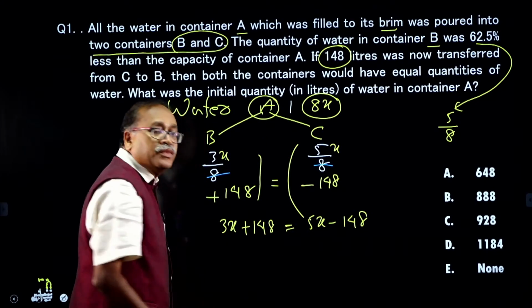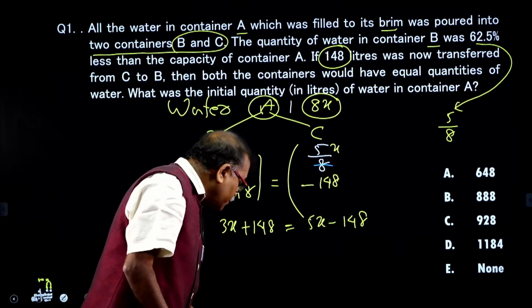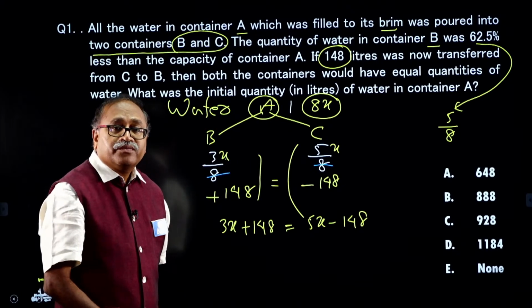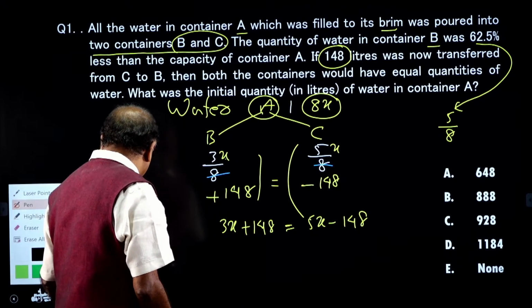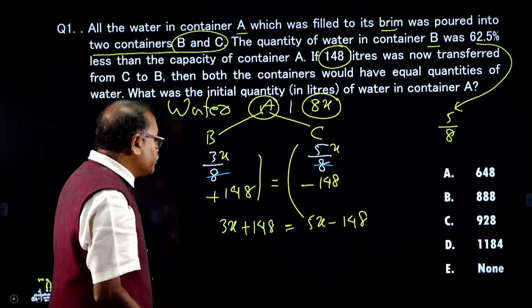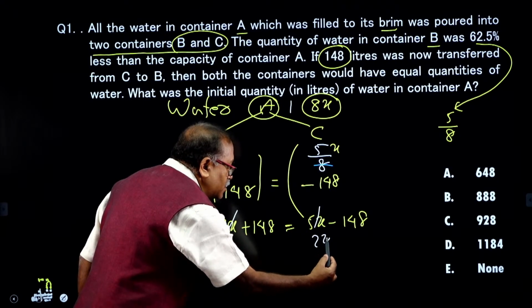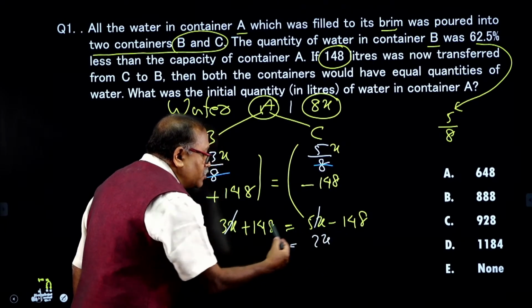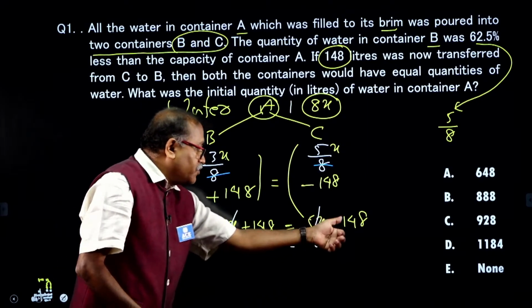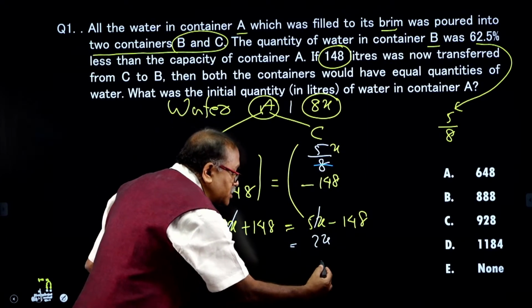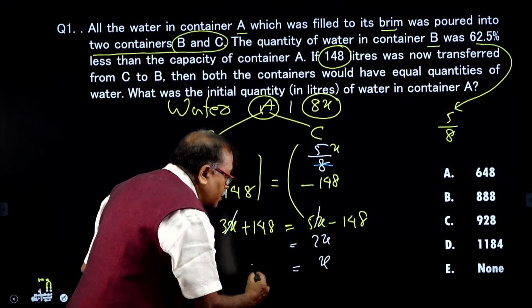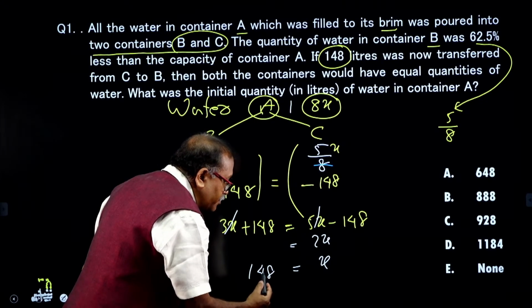So, you can answer, some of you can answer the question now. Okay. Let us see what is happening next. So, I get this as 2x, and 2x is equal to 148 plus 148. Then what is x? x is equal to 148.